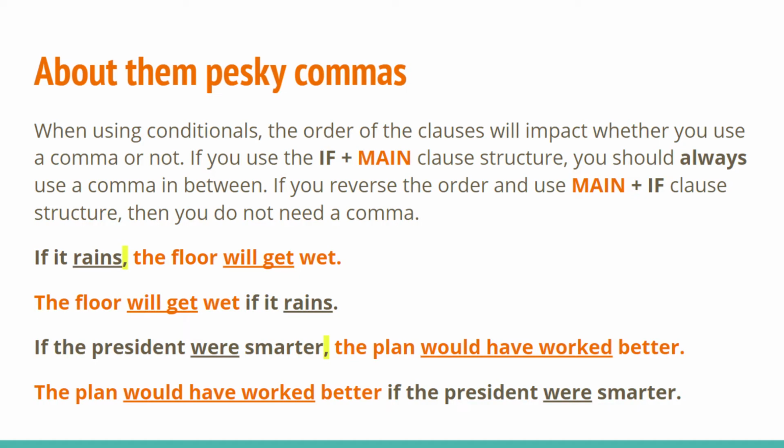So if you use the structure that I have been presenting, if plus main clause, you need that comma in the middle to separate the two clauses. However, if you use main clause plus if clause, then you don't need a comma. That's very important. And you should always use a comma if you use the first structure.